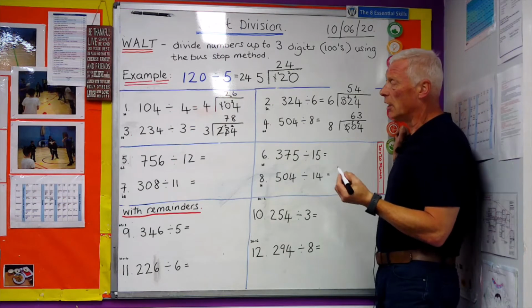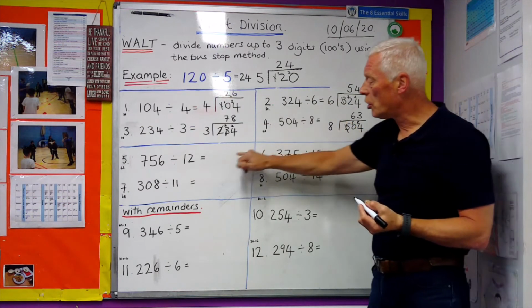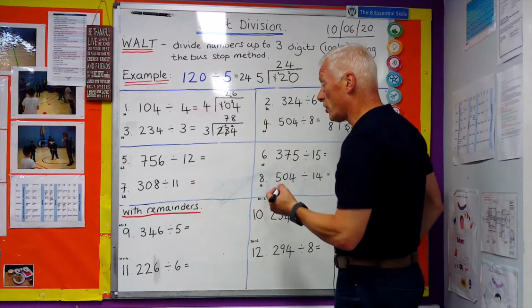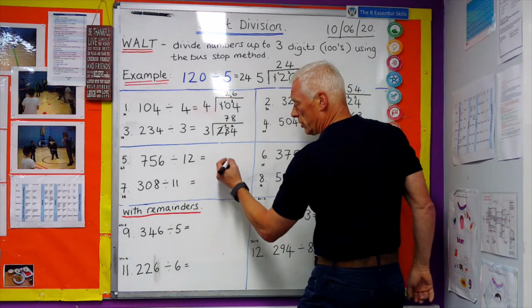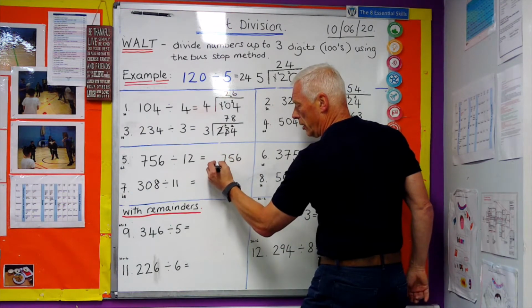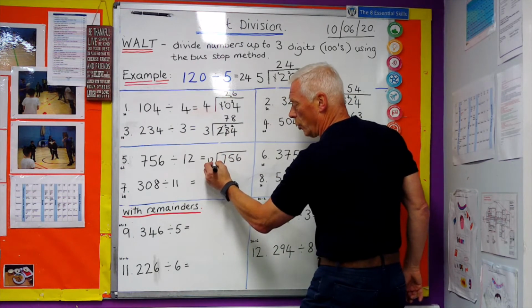Okay. Now you can use the bus stop method for single digit division. You can also go up to double digit division, but don't go any further than that. So looking at some bigger numbers, 756 inside my bus stop divided by 12.